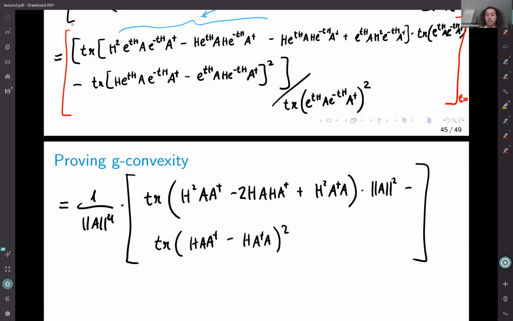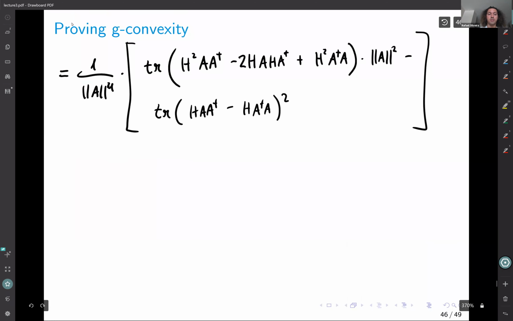Correct? Now let's just write this in terms of inner products. So if we write this in terms of inner products, what do we have? We have 1 over the norm of A to the 4th times the norm of A squared times, now what is this first trace, like this first trace in blue?